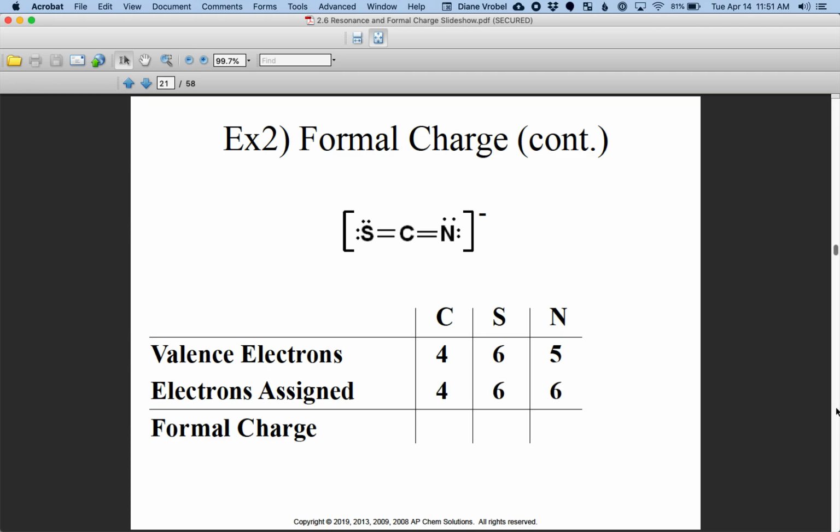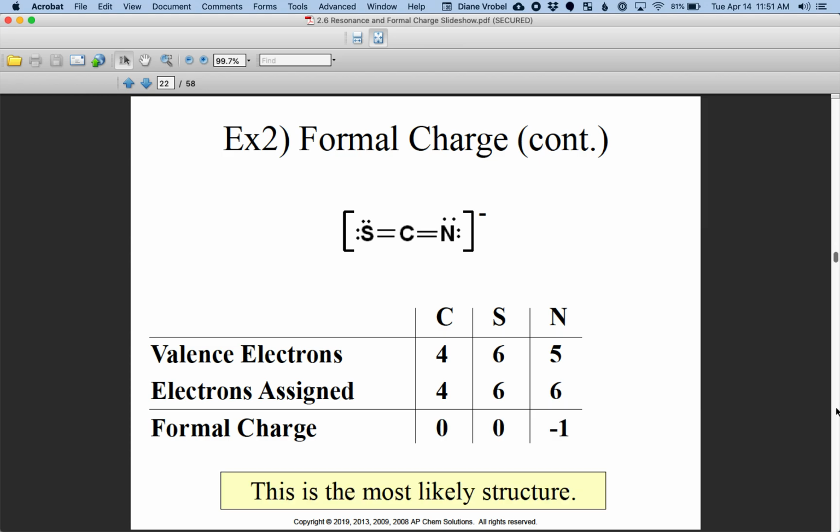And as a result of it, when you subtract, we have 2 zeros and a -1. Notice that when we add them all up, we still have an overall -1 charge, so that's good. And because these two atoms have a lower formal charge, or it's closer to 0, this is the favored structure.